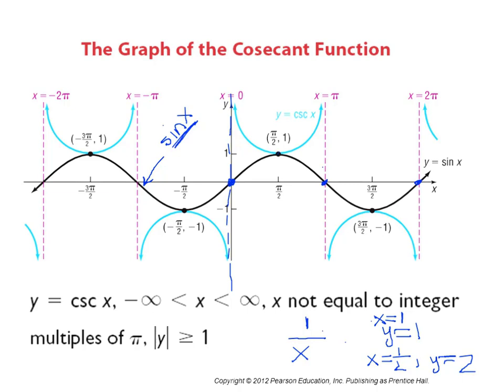So that means the minimum value it can be is 1. There's no way it could be 1/2. For it to be 1/2, that would mean that the sine would be able to be 2. Right? Okay, does everybody understand what I'm saying?